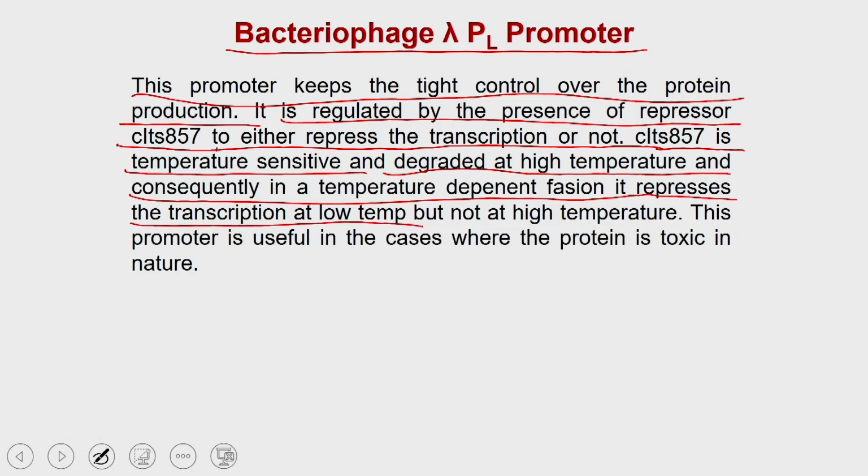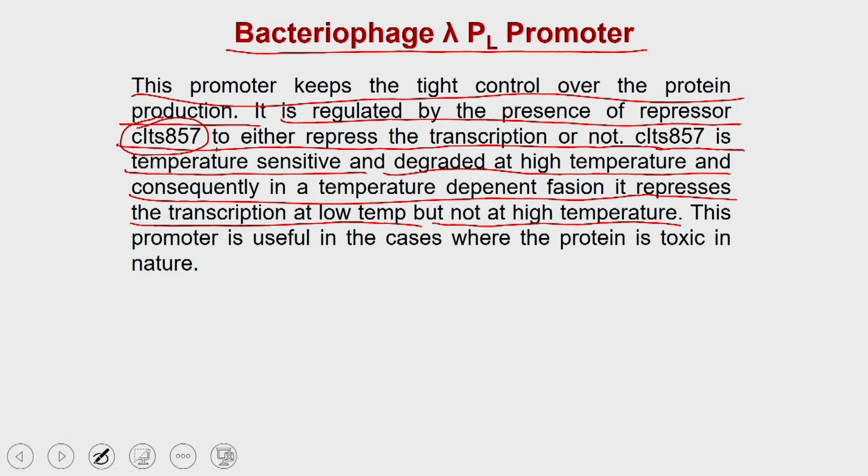So, it represses the transcription at low temperature, but not at high temperature, which means this is actually a temperature sensitive factor. If you increase the temperature, the factor will get degraded, and as a result it is not going to repress. At low temperature it is going to function, so it will repress the transcription.